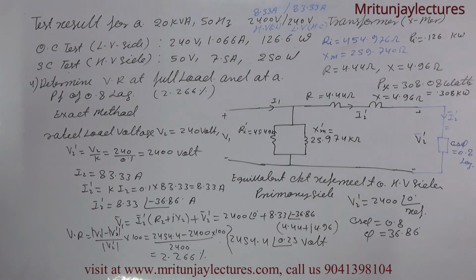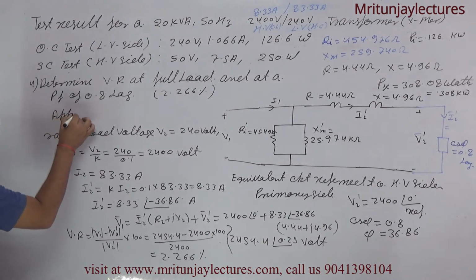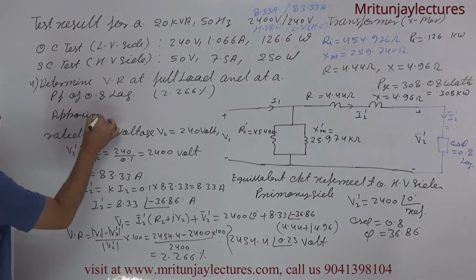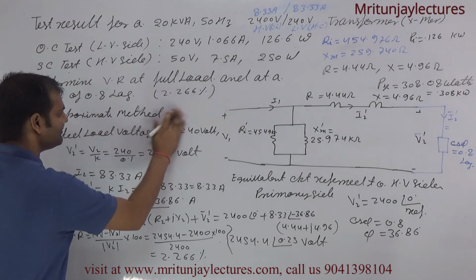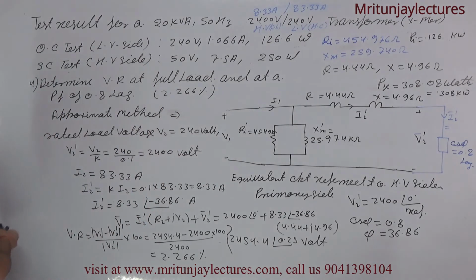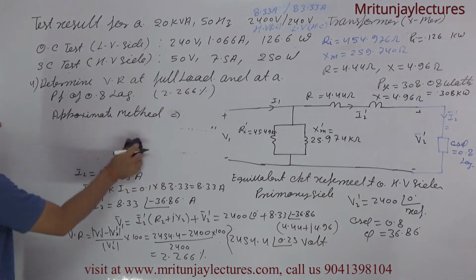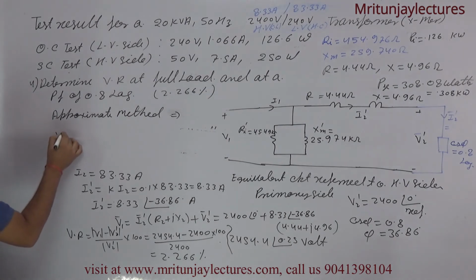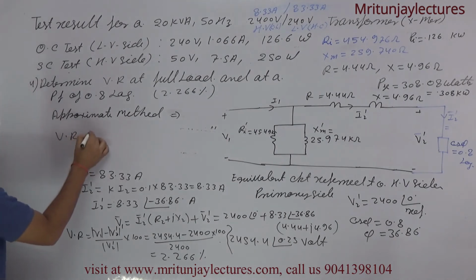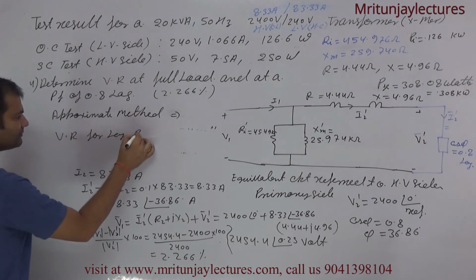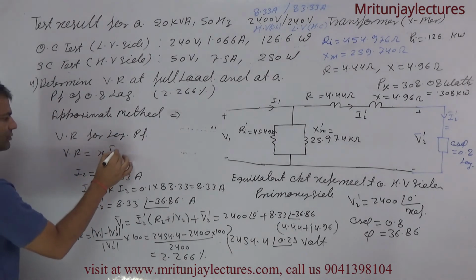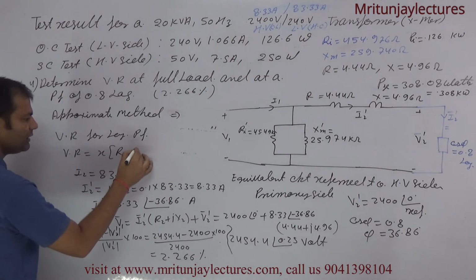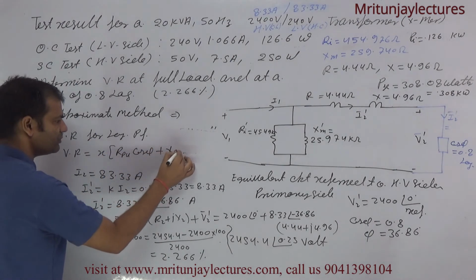Now the approximate method. With the help of the approximate method, you can also determine it. You know that voltage regulation for lagging power factor is VR equal to x into (RPU cos phi plus XPU sin phi).